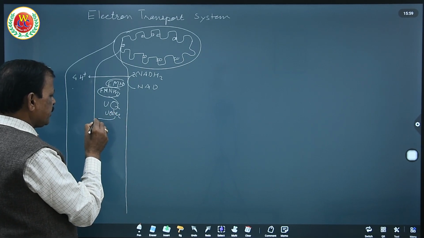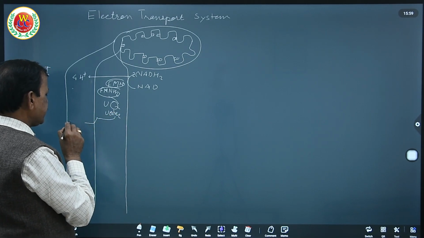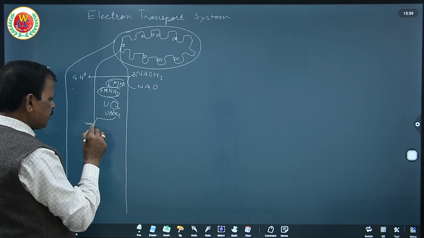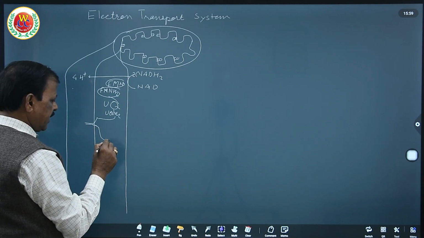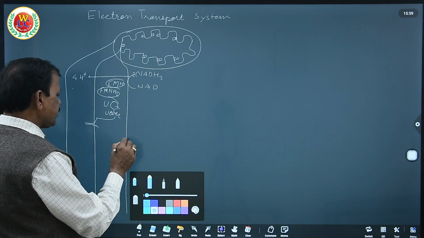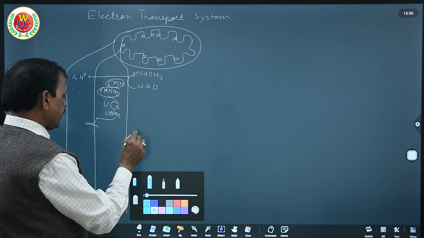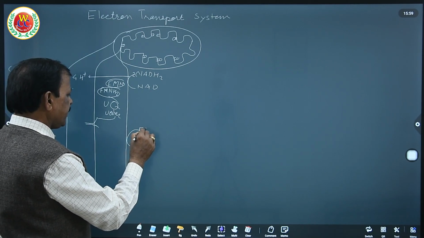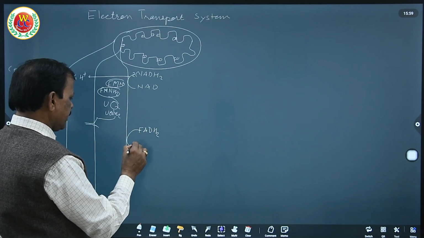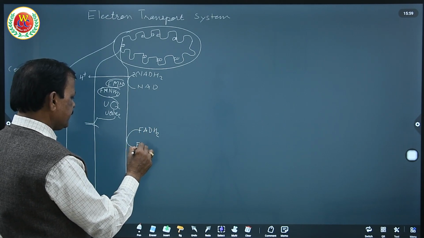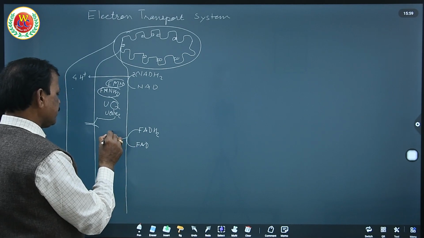This UQH2 further releases hydrogen, along with the oxidation of FADH2. There FADH2 is oxidized into FAD, releasing 2 more protons, transferred to ubiquinone.